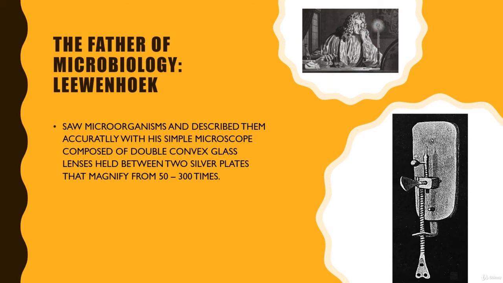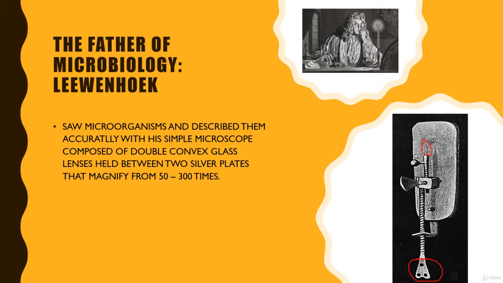This is the microscope he designed. The specimen to be examined was placed here, on that needle. This is where you put the specimen. Then you can put the specimen into position vertically by turning this screw here.